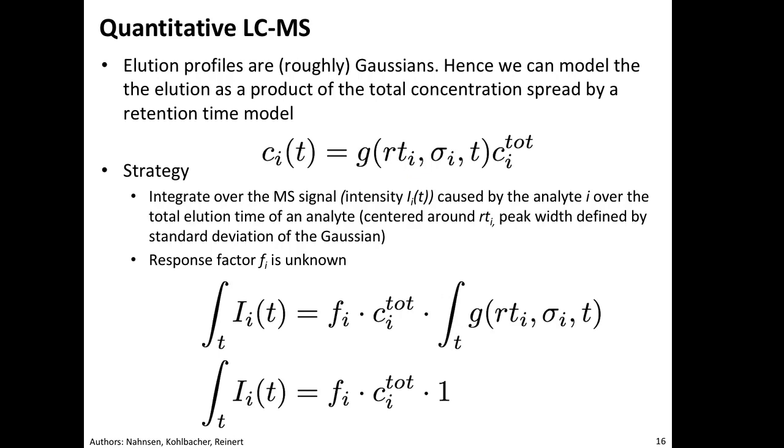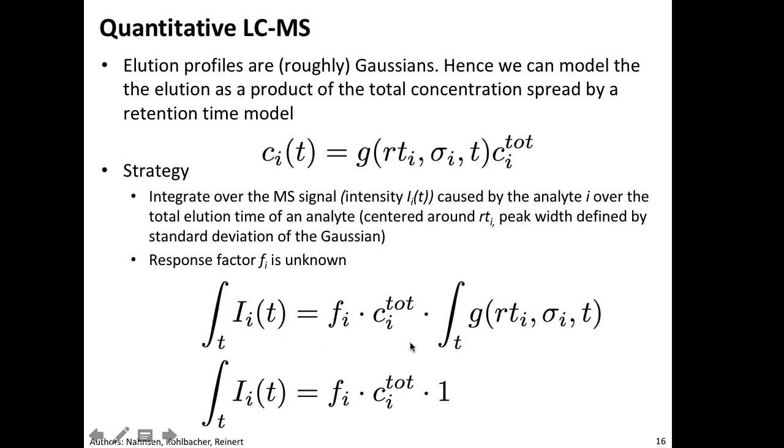Now, if we assume that these elution profiles are roughly Gaussians, they're not really, but let's not make it too complicated, then we can model these concentrations as a product of a Gaussian and the concentration that really went in. What are the parameters of the Gaussian? Well, that's the time of the apex, when it elutes, something like the width of the peak, and of course the time when you measure it.